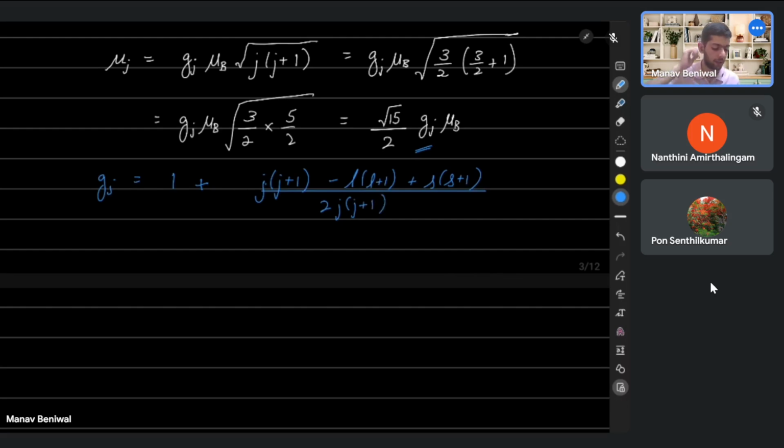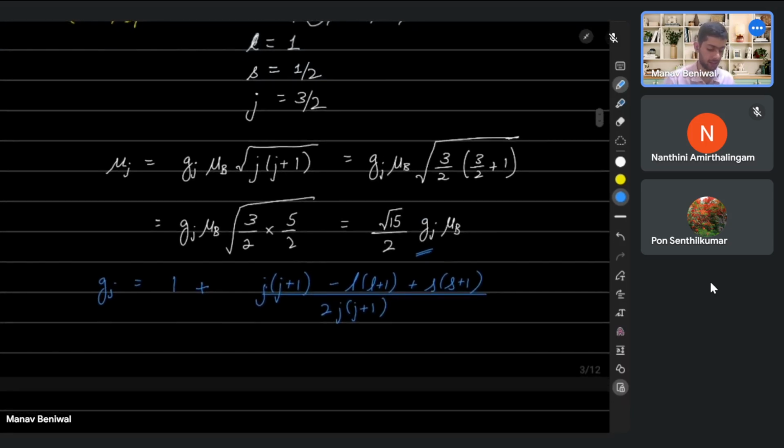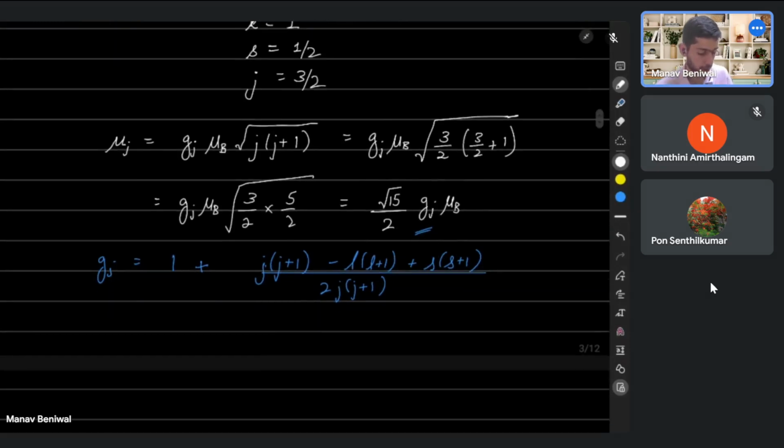We have already calculated all the values of L, S, and J. We'll just put in the values in this formula. From here you can see L is 1, S is half, and J is 3 by 2. Let's put in the values.